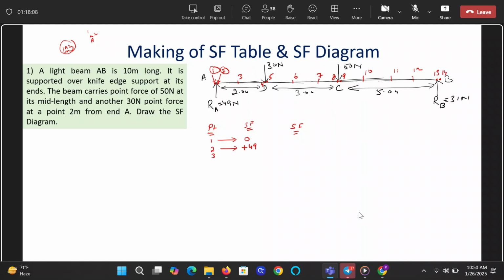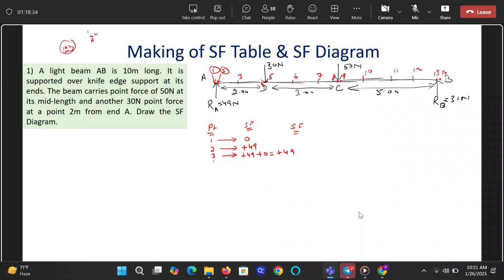What is the shearing force at point 3, class? What you can do is take this 49, which is already up to 2, and see between 2 and 3, is there any new force coming in? No, sir. So the change is 0. So shearing force will remain plus 49, right, beta? Am I right? Correct, sir.